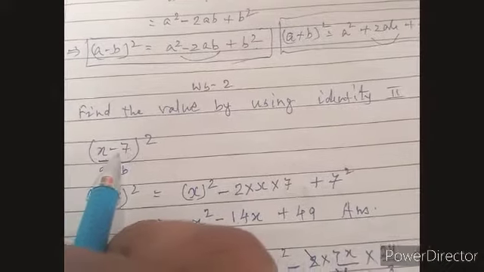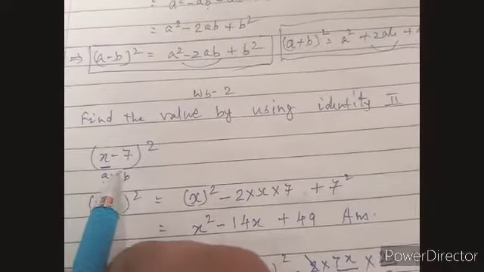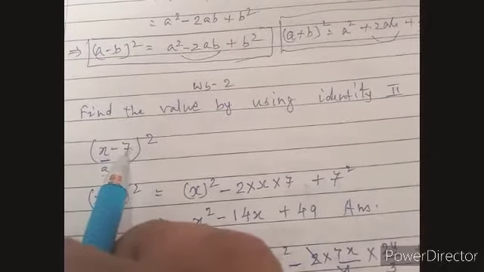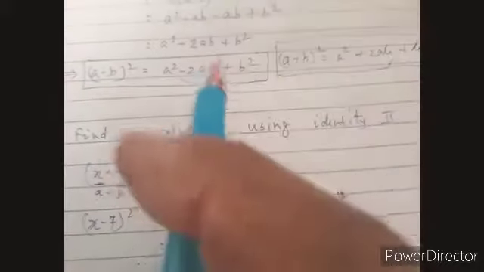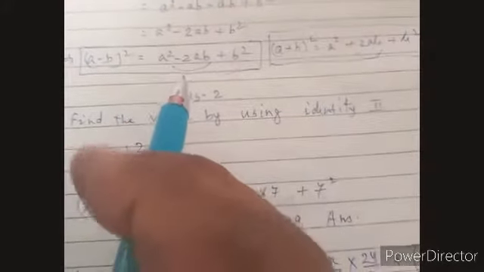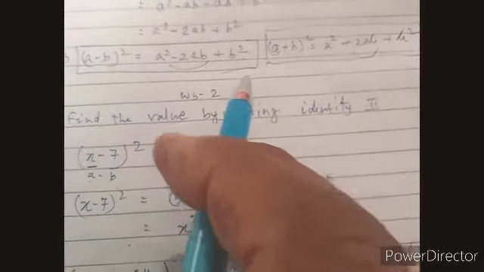So this x minus 7 has come on the pattern of a minus b. (x minus 7) whole square means (a minus b) whole square. And we have just studied what is (a minus b) whole square? a square minus 2ab plus b square.